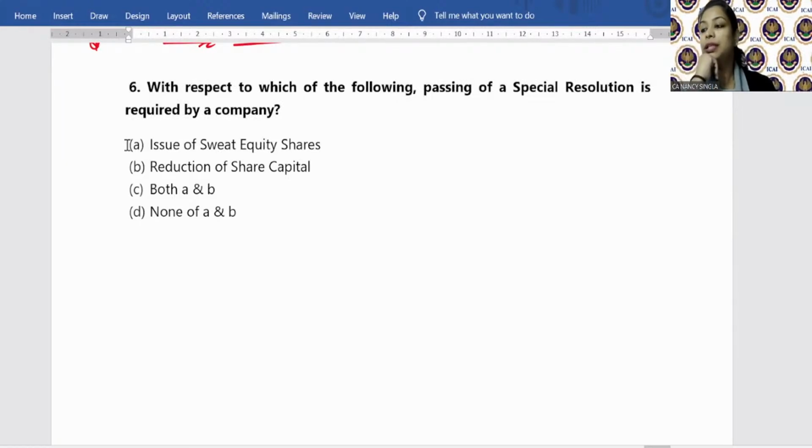So, Mr. Mishra, it is section 63. With respect to which of the following passing a special resolution? Issue of sweat equity shares, reduction of share capital, both A and B, none of A and B.